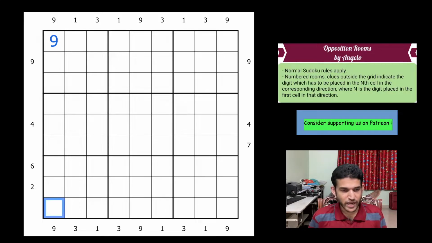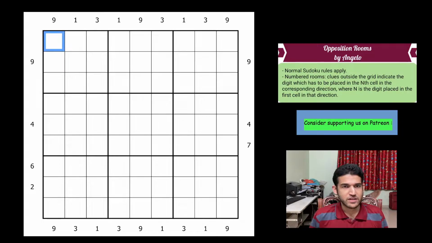So you would have to have 9 as the 9th cell. So that leads to a contradiction. So unless the outside clue is a 1, in which case you can place a 1, you can never have the digit which is the outside clue and the digit in the first cell as the same one. That's not possible. So that is the first trick.